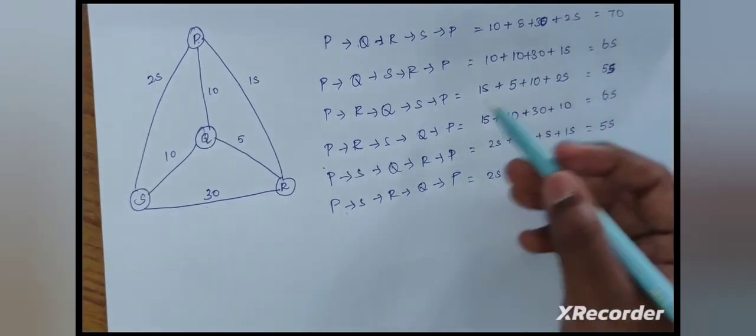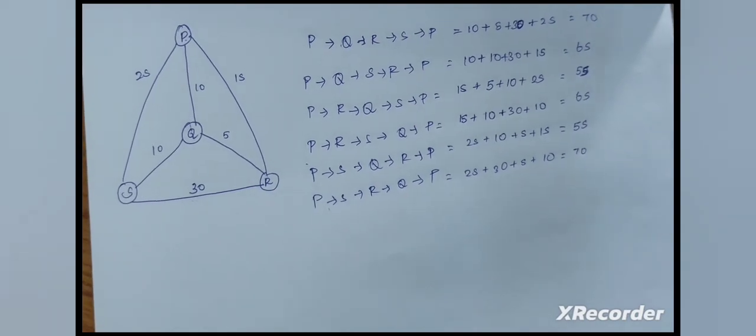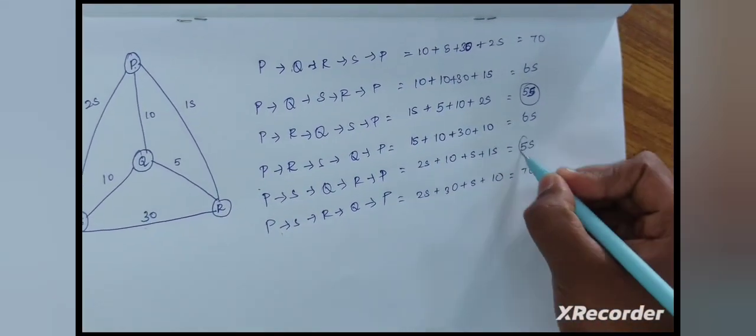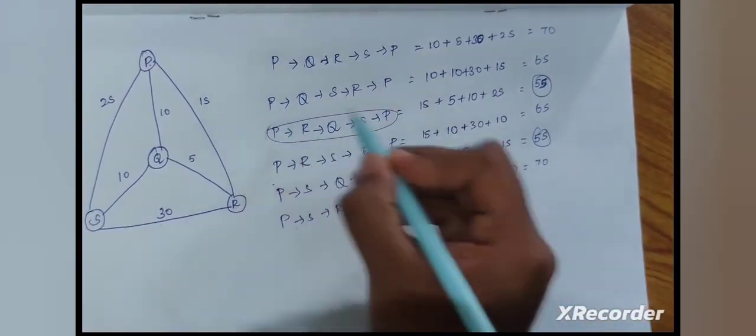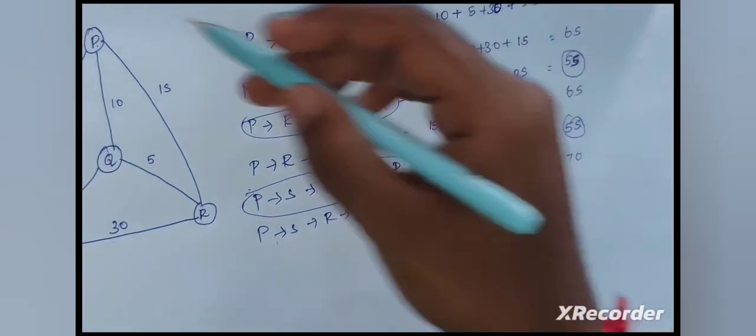Like this, I have calculated the last three. Now, what the problem asks is that we take the shortest permutation. That's 55 in this case. There are two paths, this one and this one. We can take any of these paths to travel these cities.